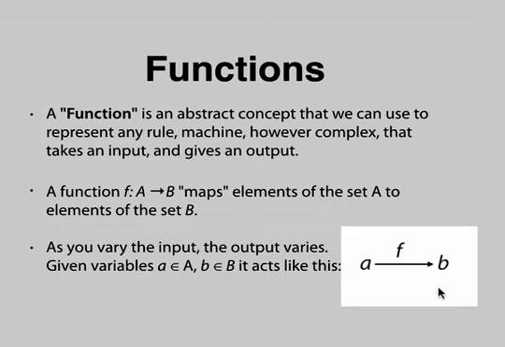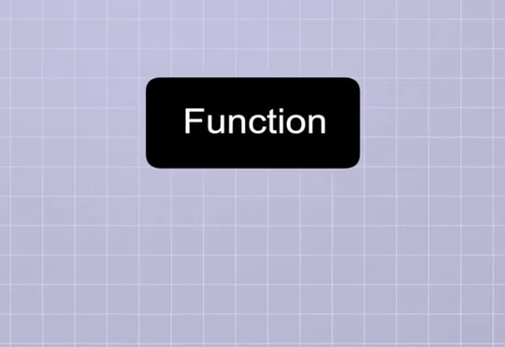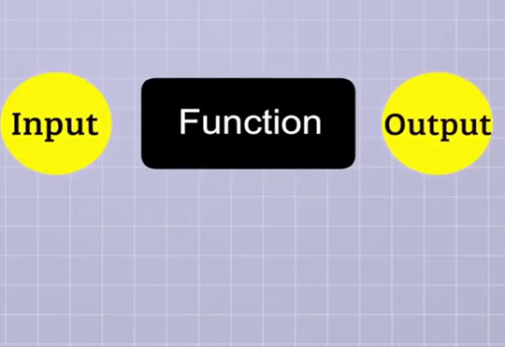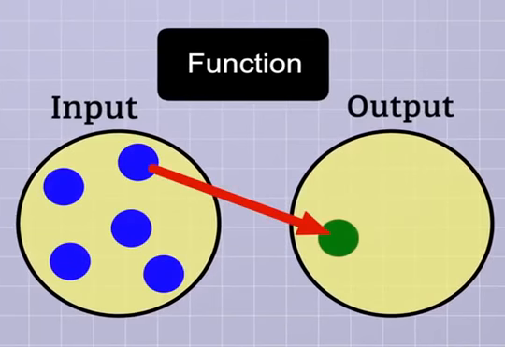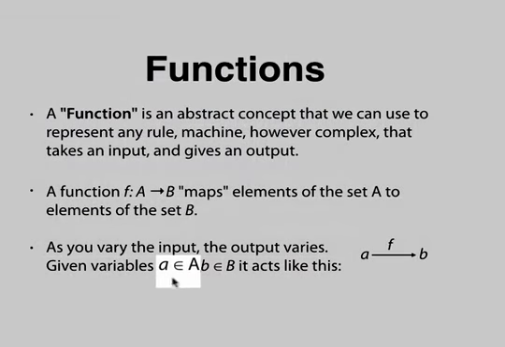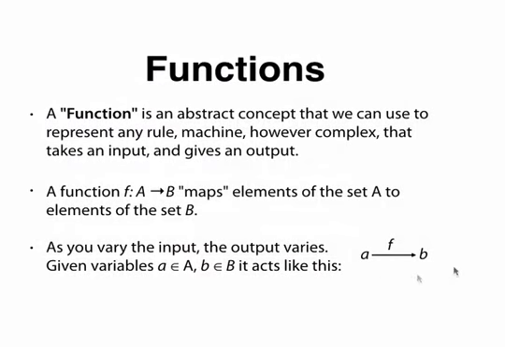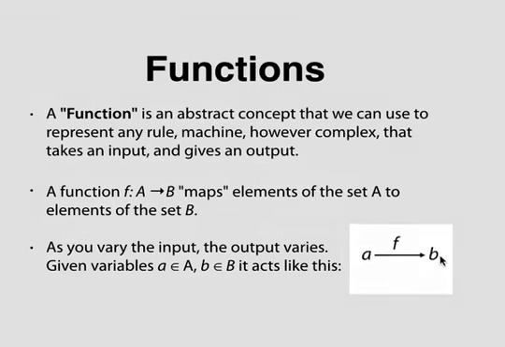In fact, you get only one of those b. So f can be thought of as a rule: you put in an input and you get an output. And that's how we could think about it with variables. So as you vary a, as you take different members of A, you get maybe different members of B. Maybe the same ones. We're going to talk about that.